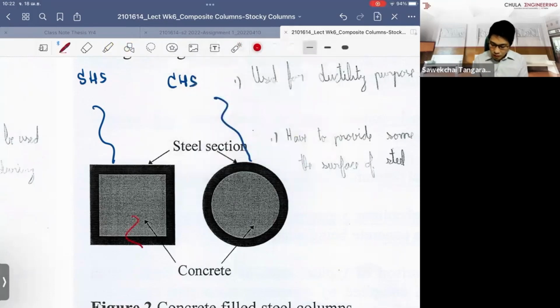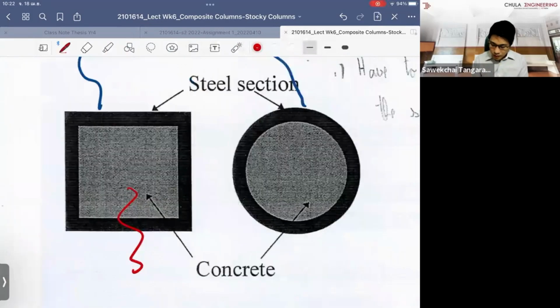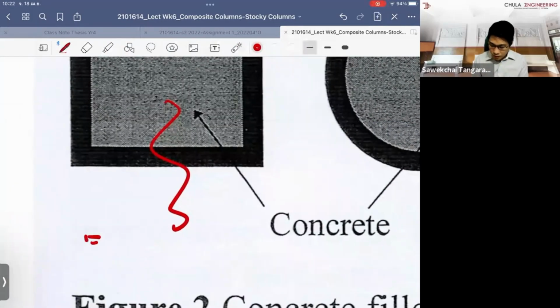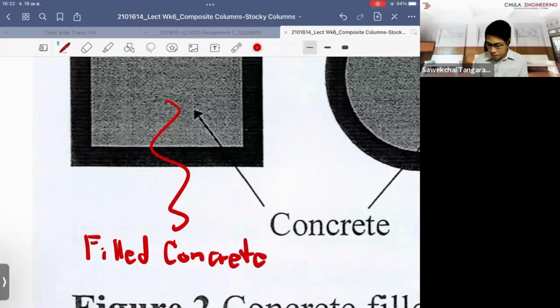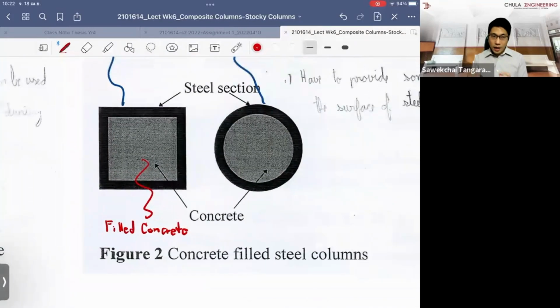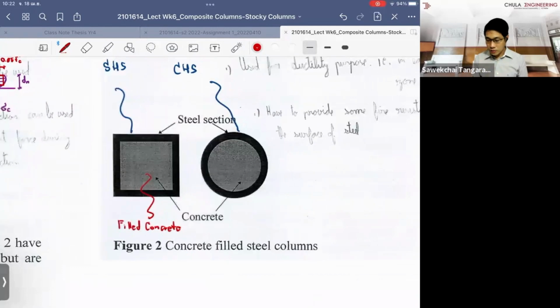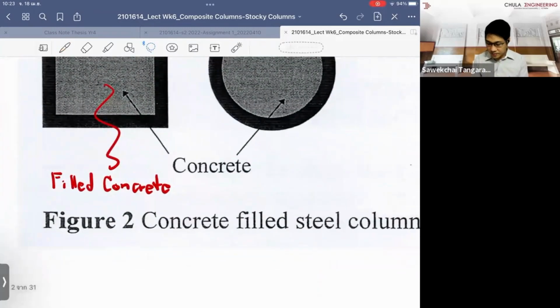So you fill in the concrete here, right? This is the filled concrete. Because the concrete has been enveloped by the steel tube, which we call a tube because this is a closed section, what happens is the concrete will be fully confined.